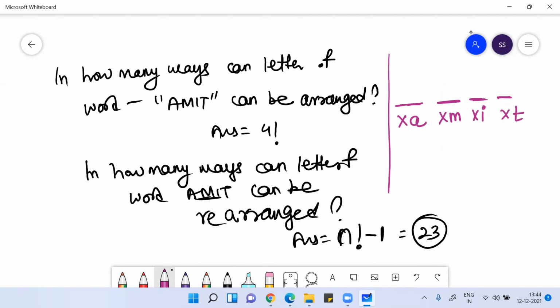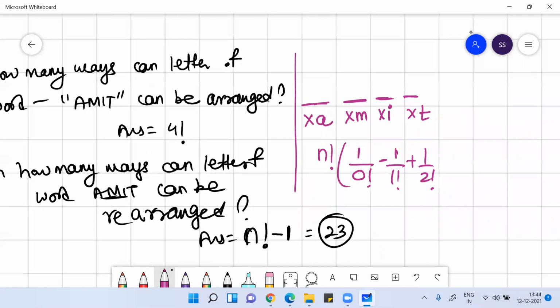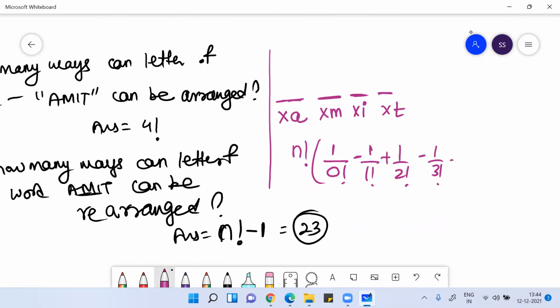This is called derangement. I'll not talk about derangement, it's a difficult concept, and it does not come for your exam also. It's a difficult concept, but you can do it verbally easily. These kinds of questions come mainly for engineering people, for IT programming.